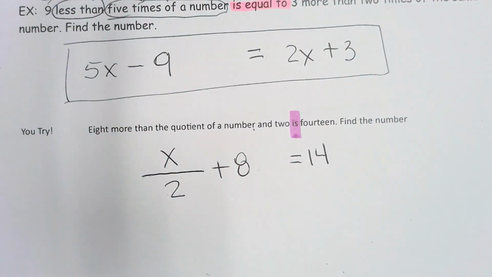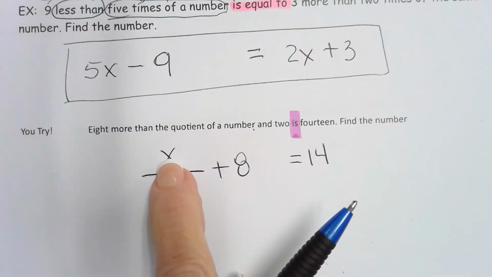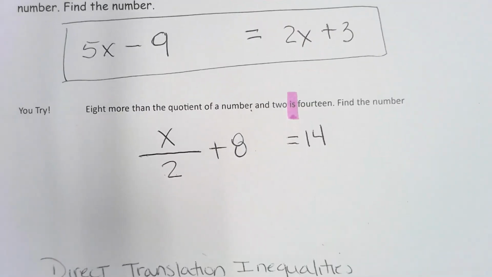It goes in order. Quotient of a number and 2. Y'all, we're not going to solve. I'm pretty certain you know how to solve this. What would be step number 1 to solve this? Subtract 8. What's step number 2? If 2's divided, we're going to multiply both sides by 2. So we know how to do that.